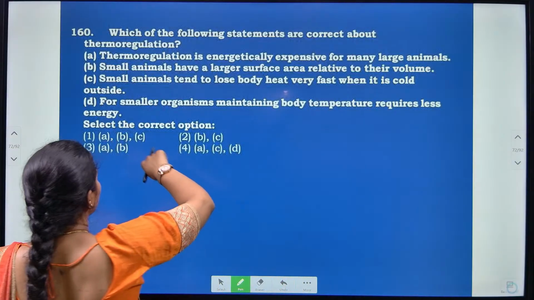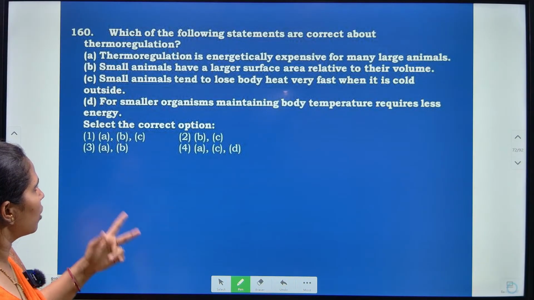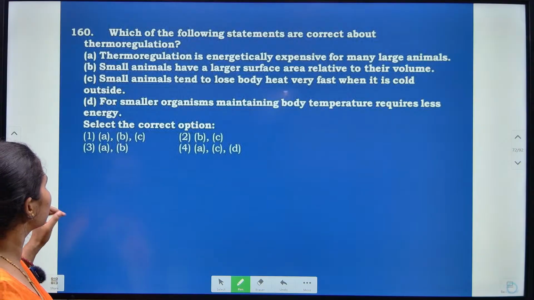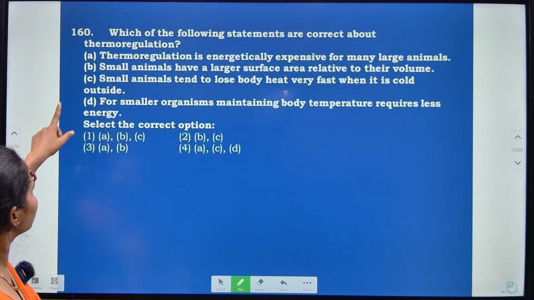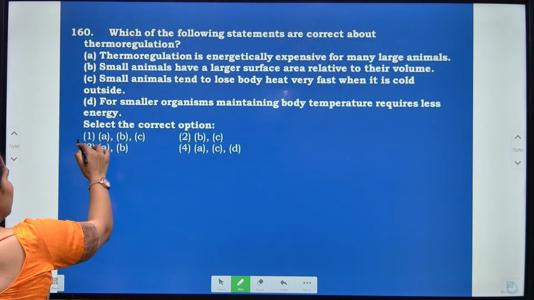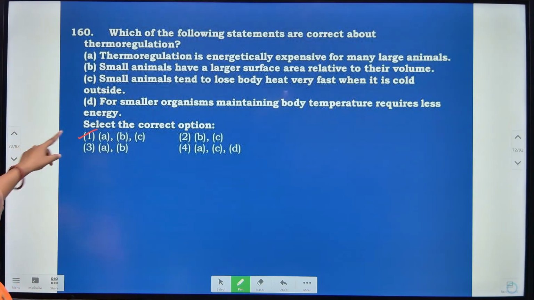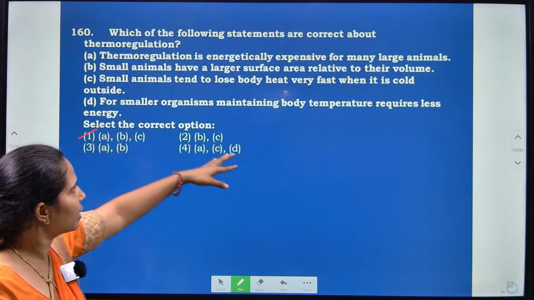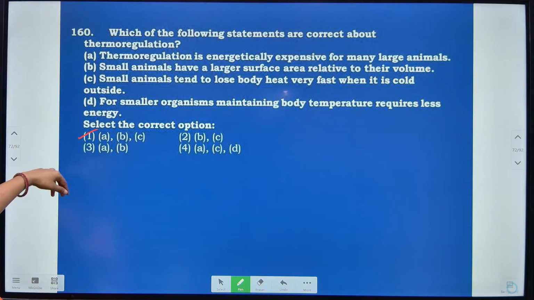And for smaller organisms, maintaining body temperature requires less energy? So A, B and C are the right options. So option 1 is correct. For smaller organisms, maintaining body temperature requires less energy? It is not less energy, but more energy.